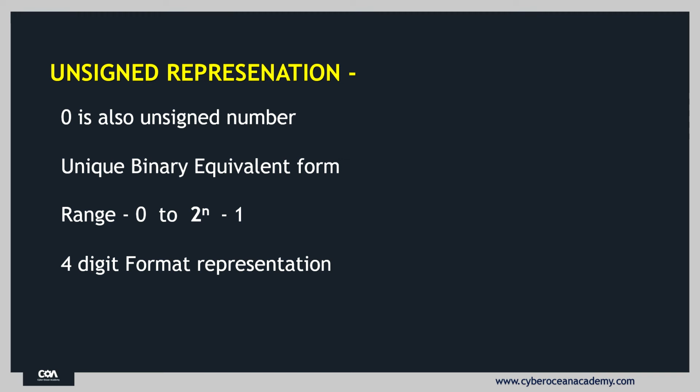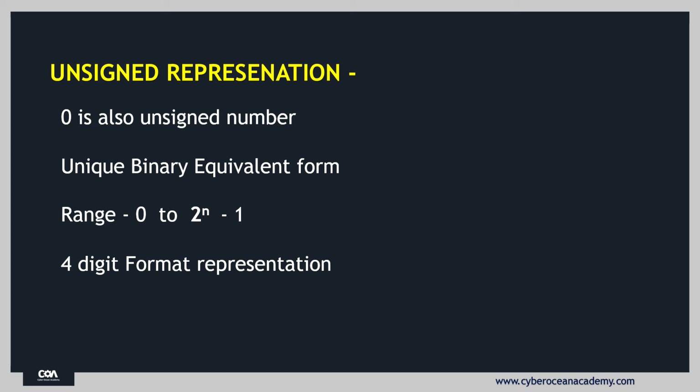Another point is the unique binary equivalent form. Suppose you want to write 3 in binary, that should be 1 1. That 1 1 is equivalent only to 3, not to 4 or 5. So this is unique.